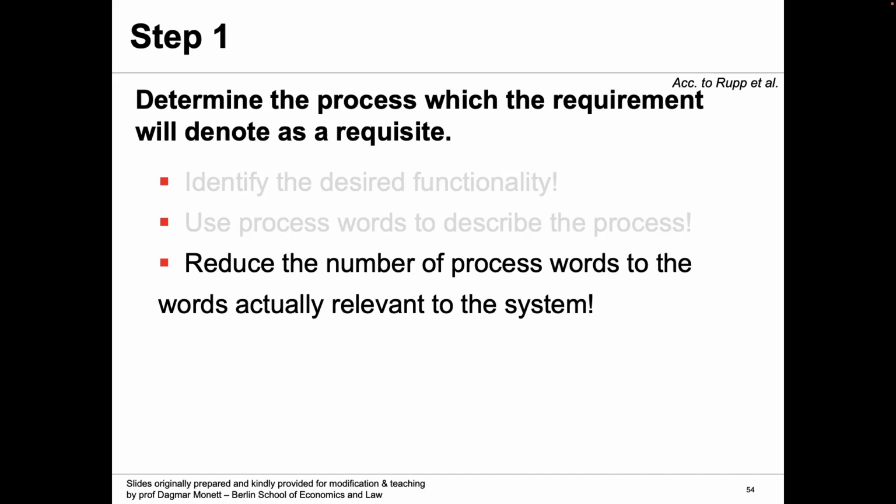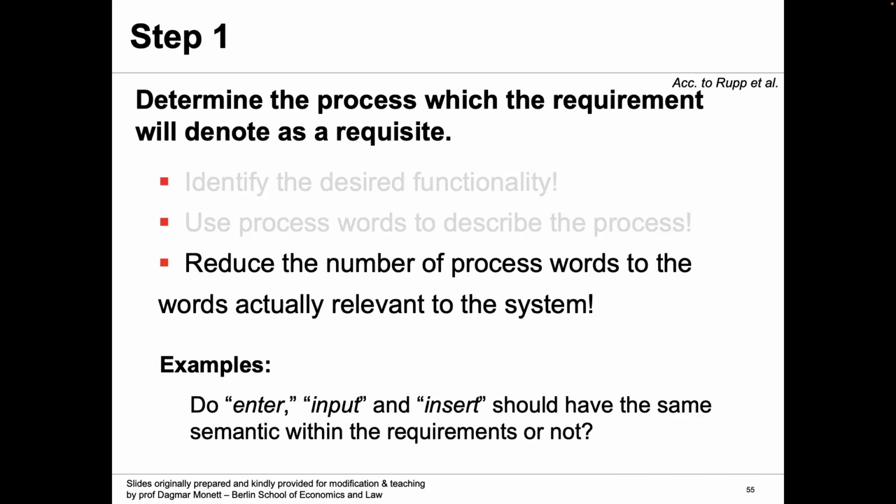So for example, you don't use enter, input, and insert in different parts of your requirement documentation. You just stick to one of them, and that is what you use throughout your documentation, just to bring some more fluency in the requirements.